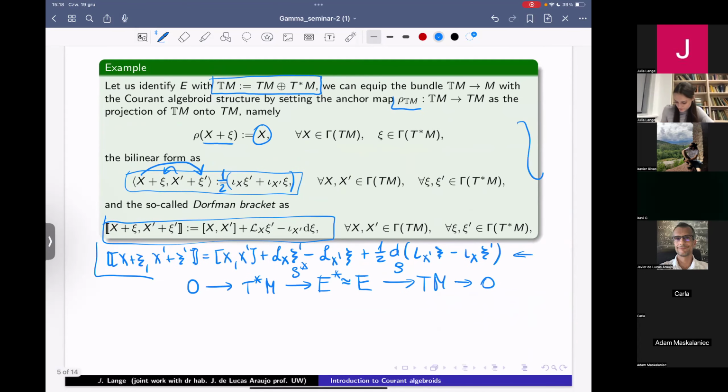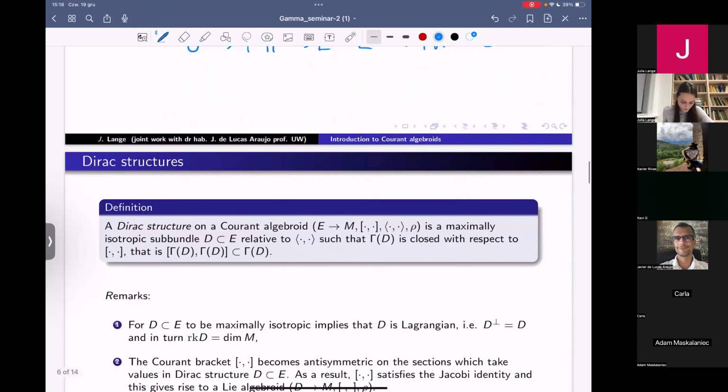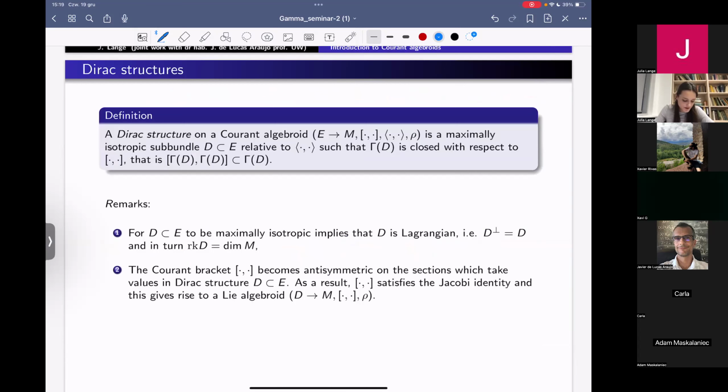So assume we have this Courant algebroid structure on our generalized tangent bundle. And now I would like to define Dirac structures, which are related to Courant algebroids. Okay, so we call a Dirac structure a subbundle D of E relative to our bilinear form, such that the sections of this bundle are closed with respect to our Courant bracket, which means basically this.